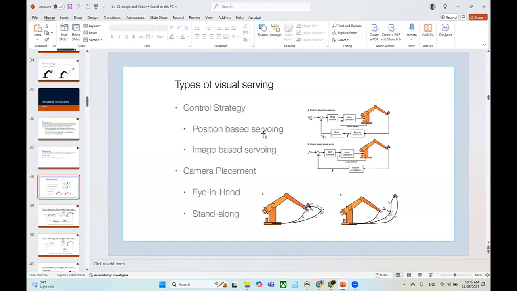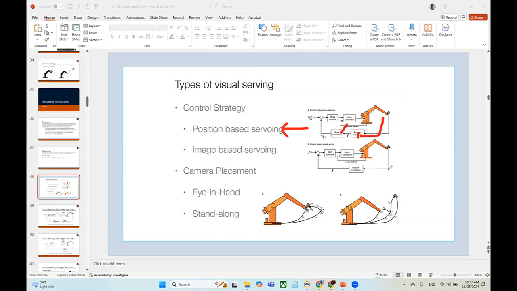The control is different, and they can actually use different camera heads, one fixed and one on the robot. With position-based, you do feature extraction and then determine your pose, recovering it.